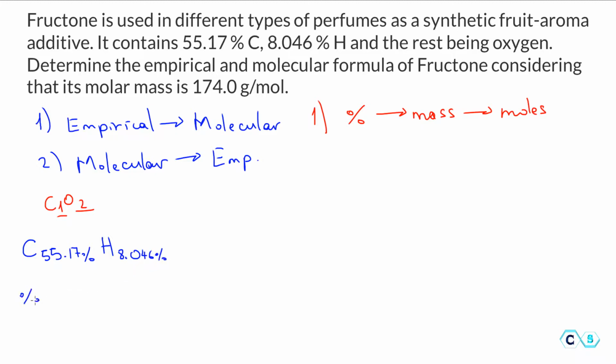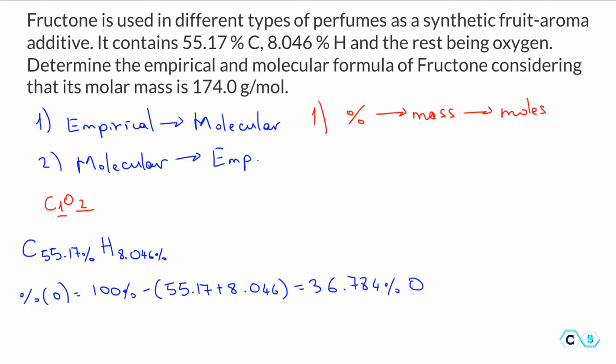So the percentage of the oxygen will be the difference: 100% minus the sum of these two, 55.17% plus 8.046%, which gives us 36.784% of oxygen. So here I can add the percentage of the oxygen.